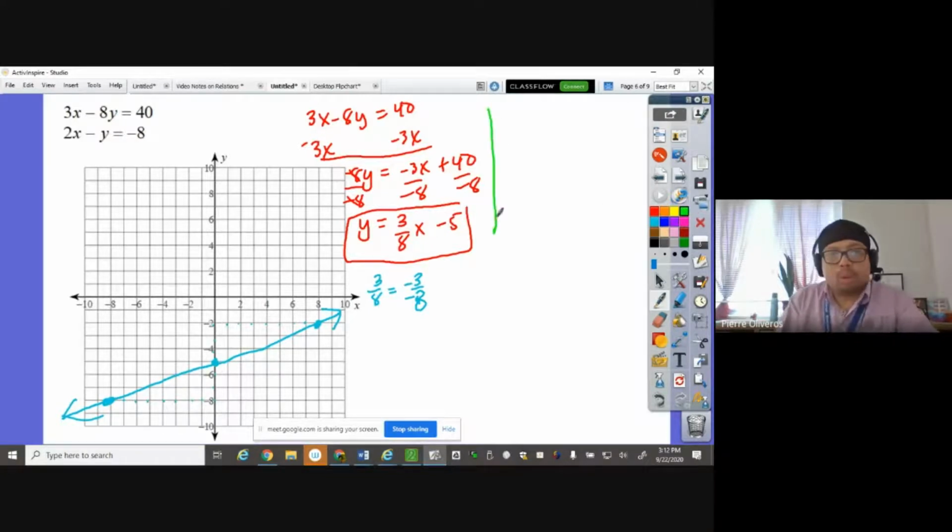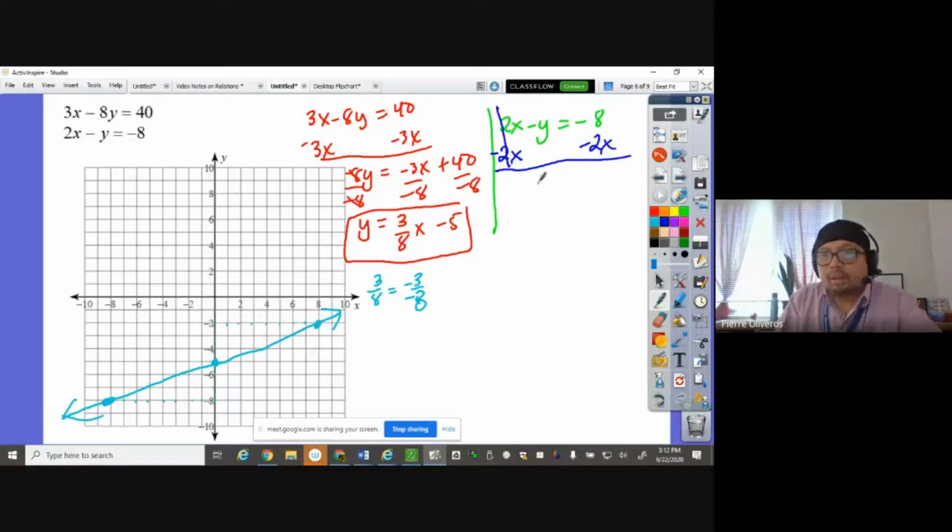Also, if you want to do a different way, if it's possible, you can also find the x and y intercepts. There are multiple ways to graph this one. I just want to remind you about that, but we'll stick with slope-intercept form just to be uniform, and everybody will do the same thing.